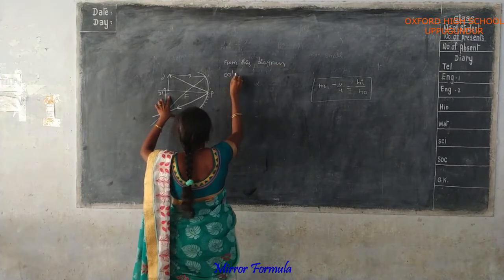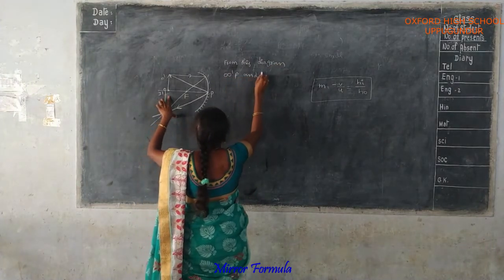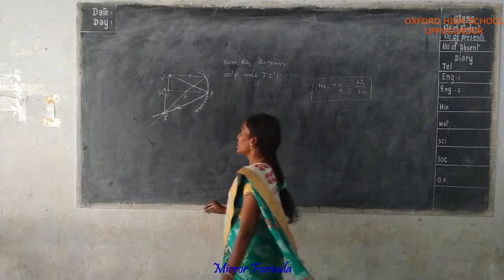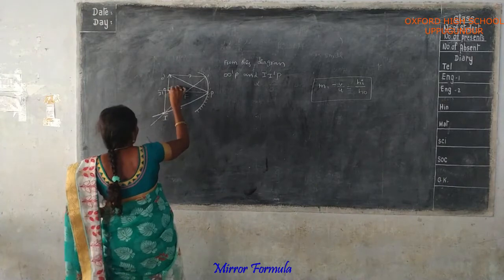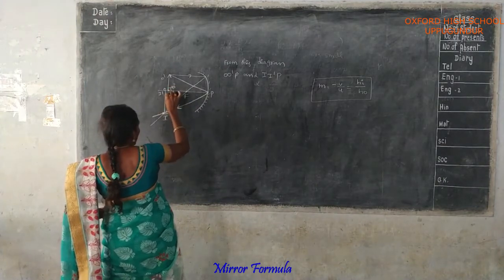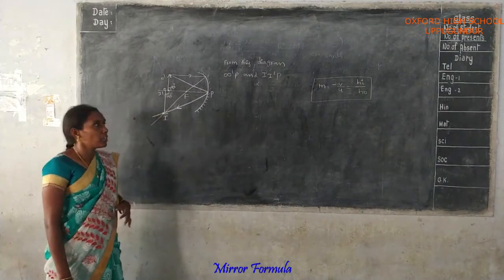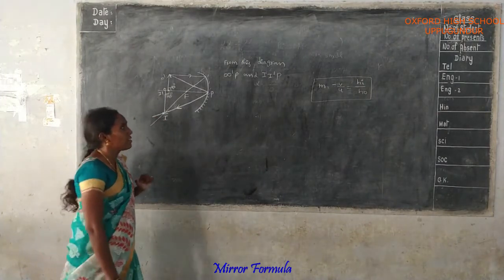From this diagram, O dash P and I dash P are right angle triangles.